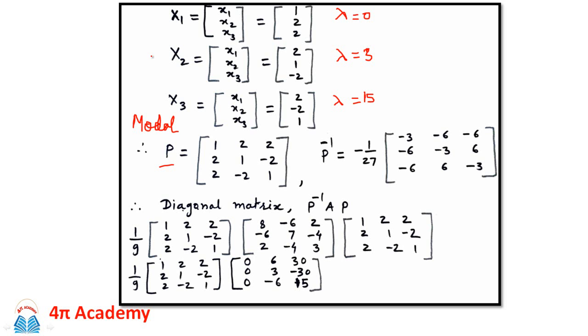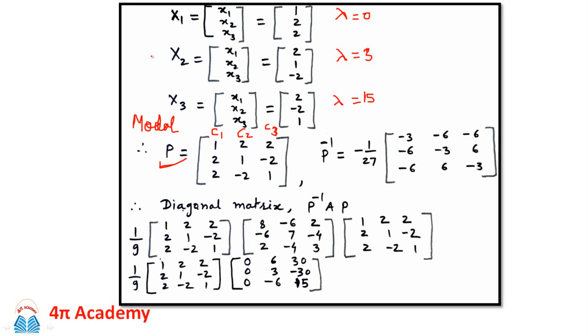So this is our column C1, this is C2 and C3. For C1 we write the eigenvector 1, 2, 2, for C2 we write the eigenvector 2, 1, minus 2, and for C3 we write the eigenvector 2, minus 2 and 1. So by grouping these eigenvectors we get the modal matrix P.